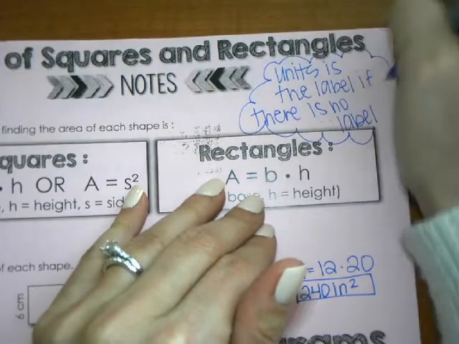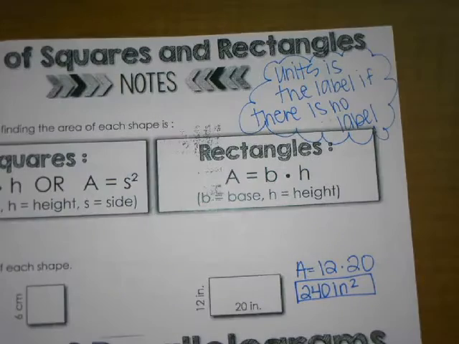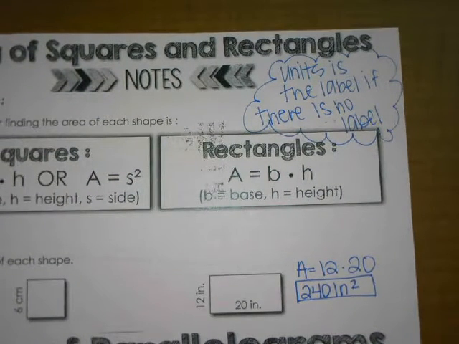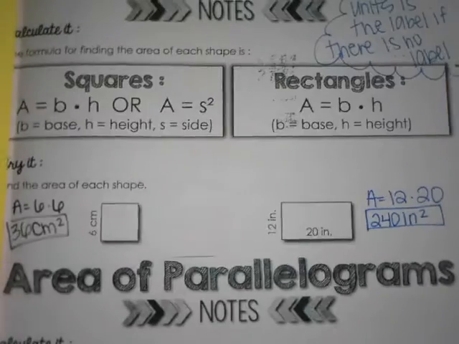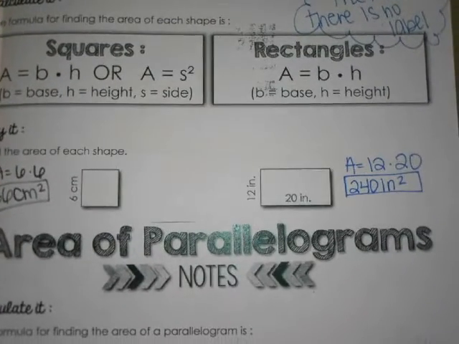That'll be true for this entire unit. Your label is always units if there is no label. If you don't tell me units, units squared, units cubed, and you just leave it blank, I will have to take off points. So please always label. Any questions on finding the area of a square and a rectangle?